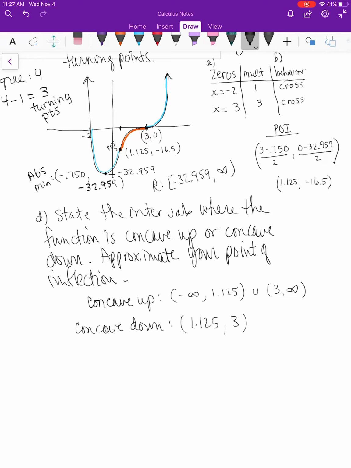And it's in orange there, so you can see it. And point of inflection is approximately 1.125, negative 16.5. Okay? And so I did want to show you that.